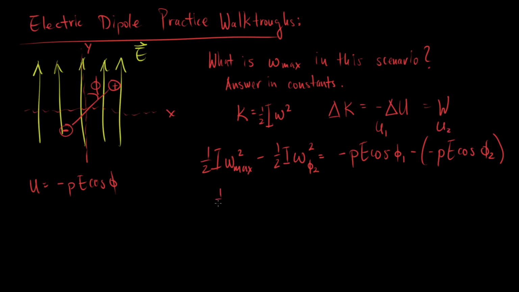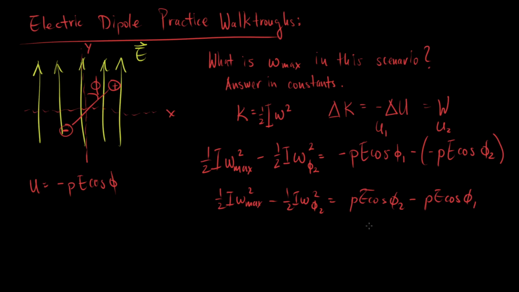So let's rewrite this. 1/2 I V max squared minus 1/2 I V max, or U2, equals, and then these two negatives cancel out, so we can write this PE cosine of theta 2 minus PE cosine theta 1.